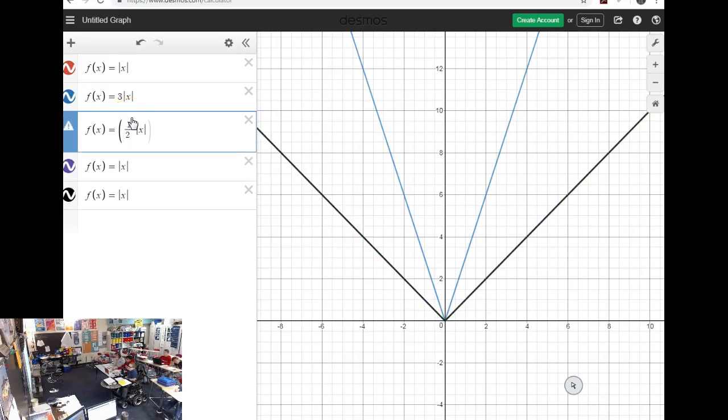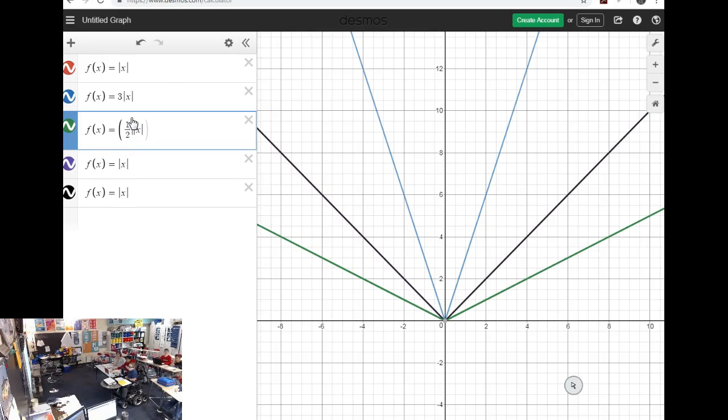The fraction coefficient makes it wider, right? Same thing with our quadratics. Remember x squared versus 1/2 x squared or 3x squared, right? It makes it go up faster.